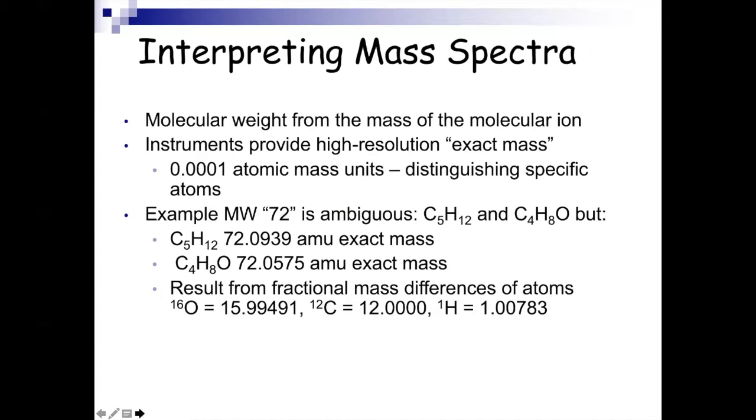Both of those molecules, when you do a quick calculation, turn out to have a molar mass of 72. However, using the exact masses from the periodic table to calculate the molecular weight, we see C5H12 is 72.0939 and C4H8O is 72.0575. So using a high resolution mass spectrometer, we can actually distinguish between these two compounds, even though they both have a general molar mass of 72.